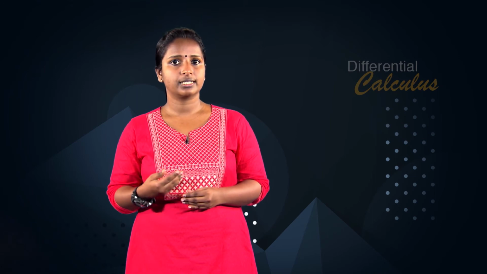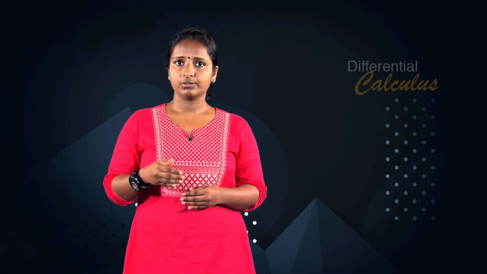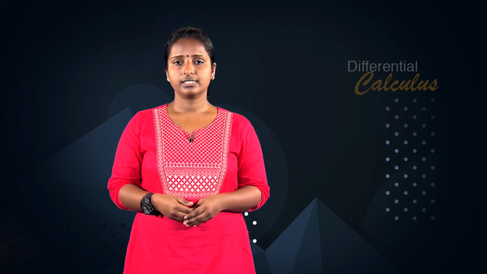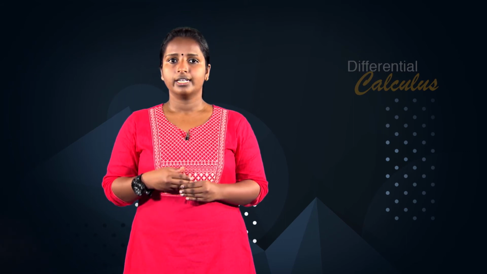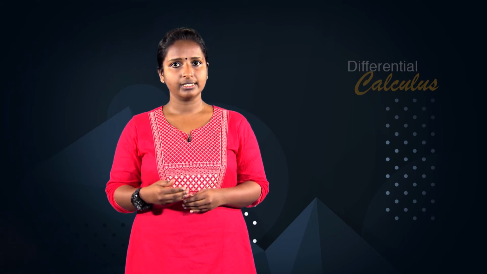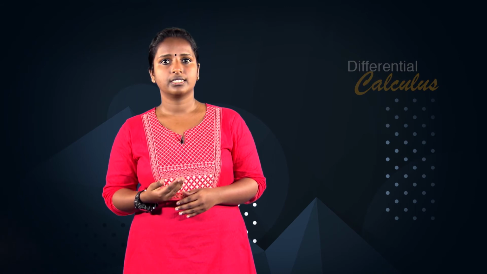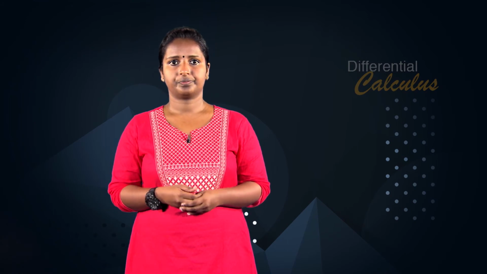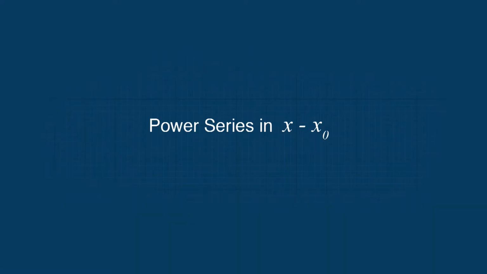The value at x equal to negative 1 is the negative of the value at x equal to 1. Hence, the series converges for negative 1 less than or equal to x less than or equal to 1, and hence the interval of convergence is the closed interval [negative 1, 1] and the radius of convergence is r equal to 1. Power series in x minus x naught.